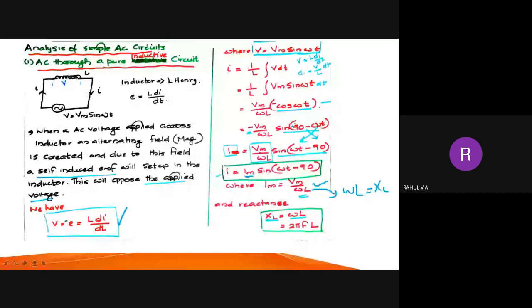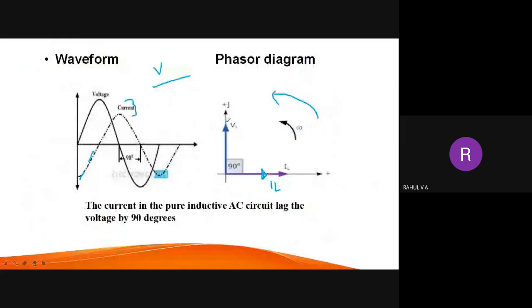Finally we get an equation. If you compare the voltage equation, Vm sin omega t, and the current equation, Im sin omega t minus 90, it means current is lagging behind the voltage by 90 degree. You can draw both the waveform and phasor according to that.